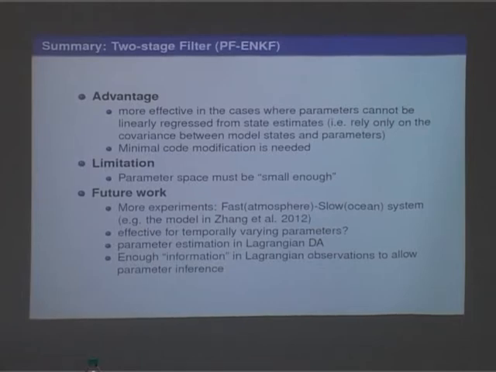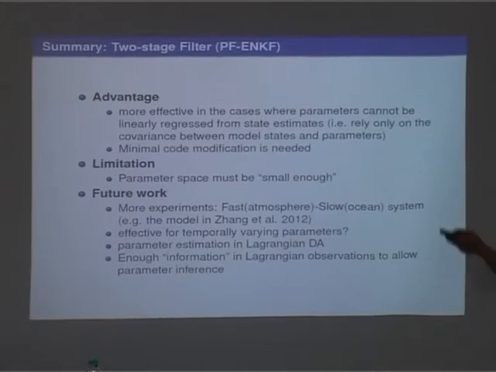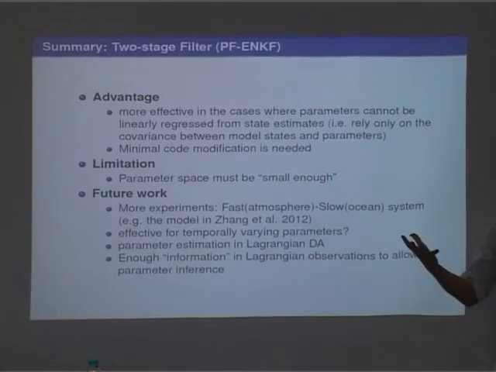The advantage of the two-state filtering here is that it could be more effective than just using the augmented state and running ENKF in the case that the parameter cannot be linearly deduced from the state estimate only. And if you have the particle filtering code and the ENKF code, the modification is really small.